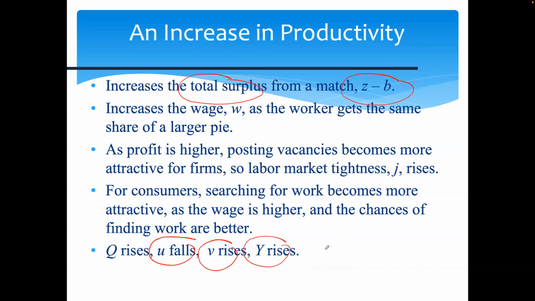Basically, it tells us if Z increases, the unemployment rate is going to fall. Actually, this is exactly as we saw earlier, right? Unemployment falls and Y rises. Vacancy is going to rise.